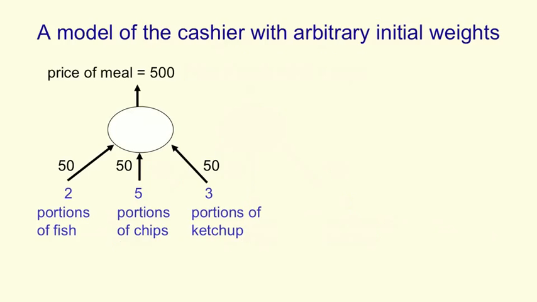Let's suppose that we start with guesses that each portion costs 50. So for the meal with 2 portions of fish, 5 of chips and 3 of ketchup, we're going to initially think that the price should be 500. That gives us a residual error of 350. The residual error is the difference between what the cashier says and what we think the price should be with our current weights.